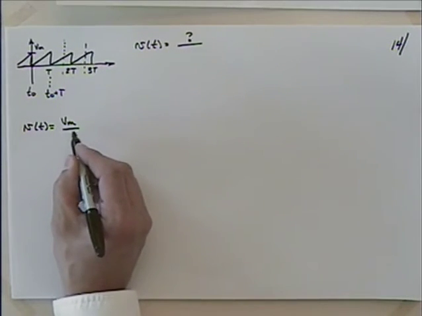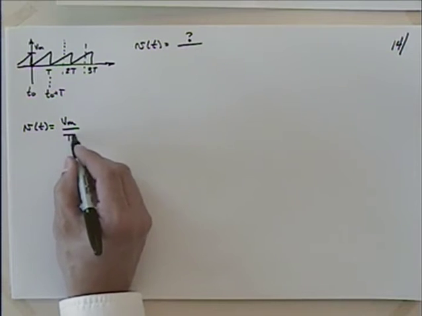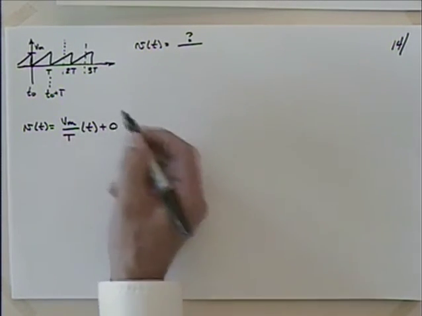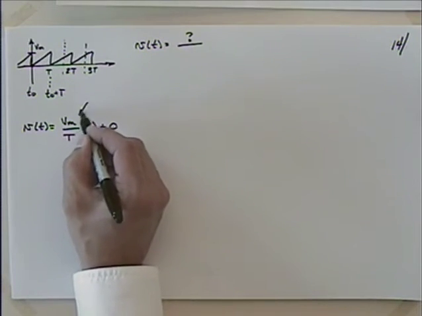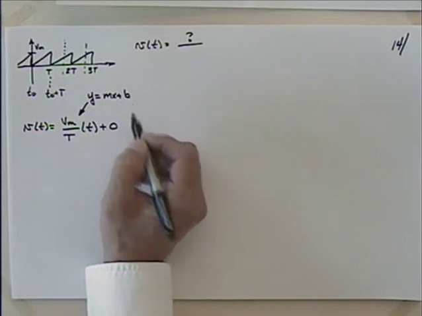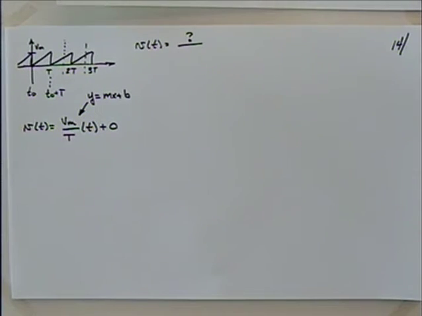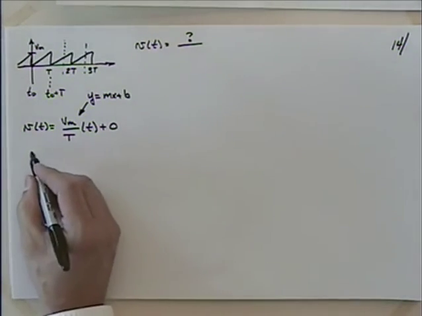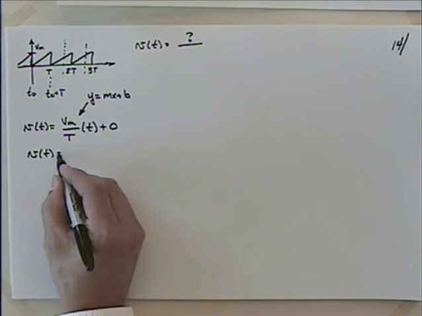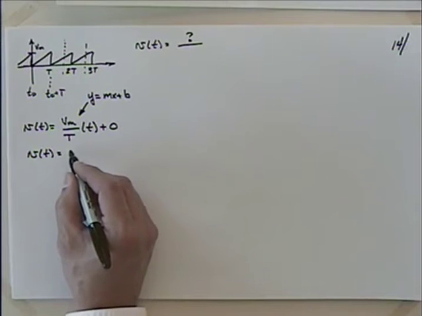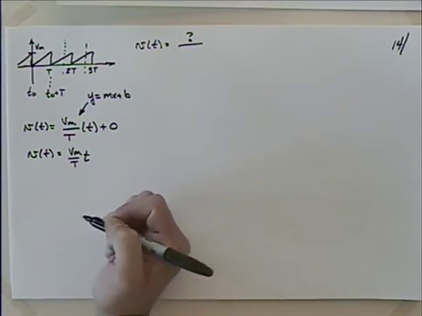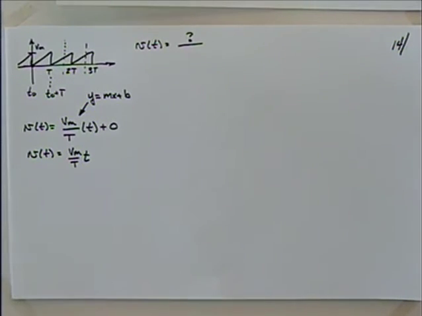Vm divided by the run, T, and multiply it by t and add 0 to it, right? This is a classic equation, y is equal to mx plus b, the equation of a straight line. So I've got then that v of t is equal to Vm over T times the time t, where capital T is the period and lowercase t is the time.